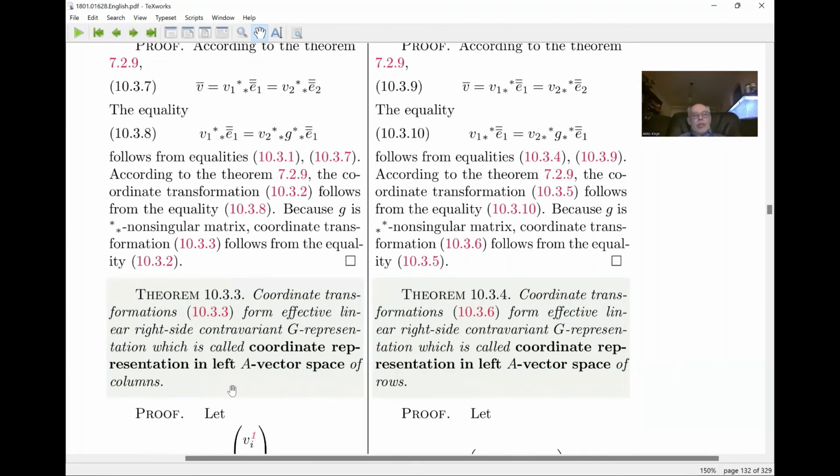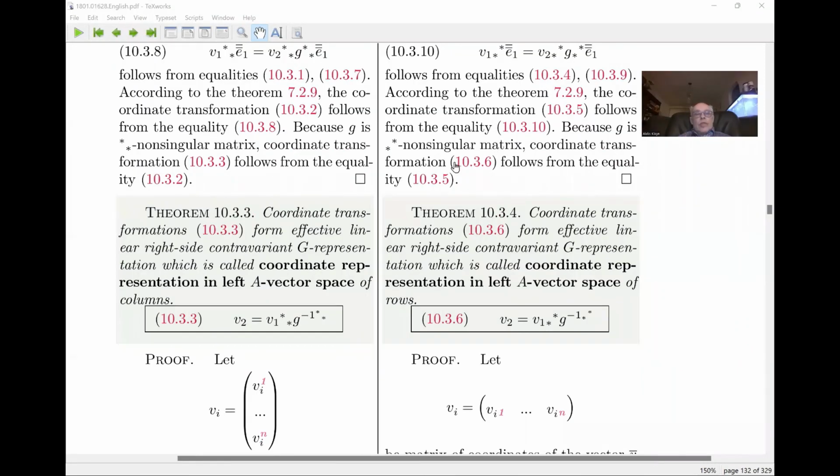Coordinate representation 3.3 that we considered above is an effective linear right side contravariant G representation, which is called coordinate representation in left a vector space of columns.